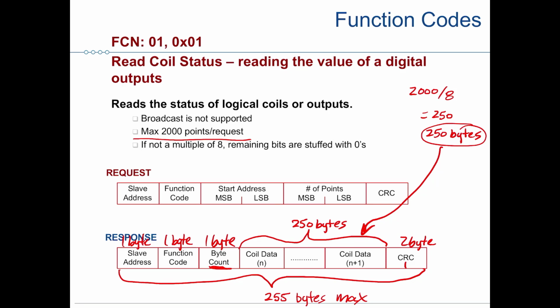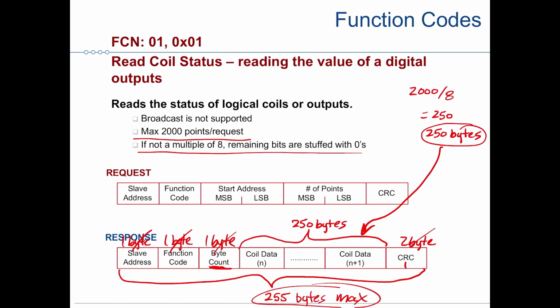And if we add that all up, what do we have? 250 plus 1, 251, 252, 253, 255, and that's where we get our maximum of 2,000 single bit points that can be reported back in a response. So yeah, all of this maximum number of points is related to a Modbus message maximum being 255.